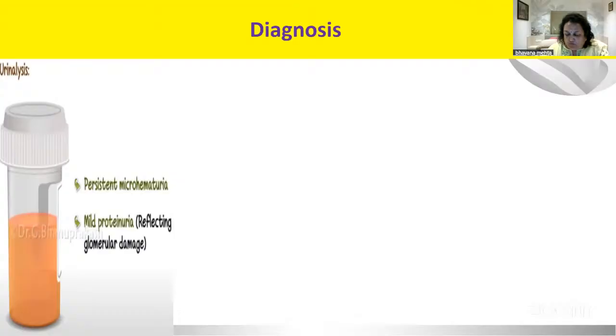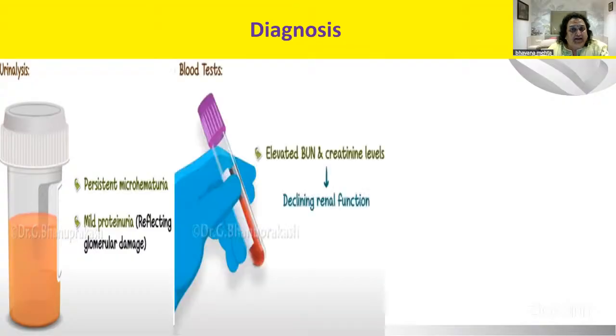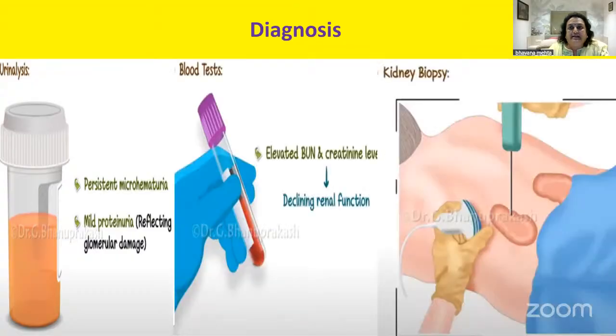So how do we go about the diagnosis? The most simple and common one is urine analysis to look for persistent microhematuria and mild proteinuria, blood tests for renal function, and then kidney biopsy. What do we see in the kidney biopsy?